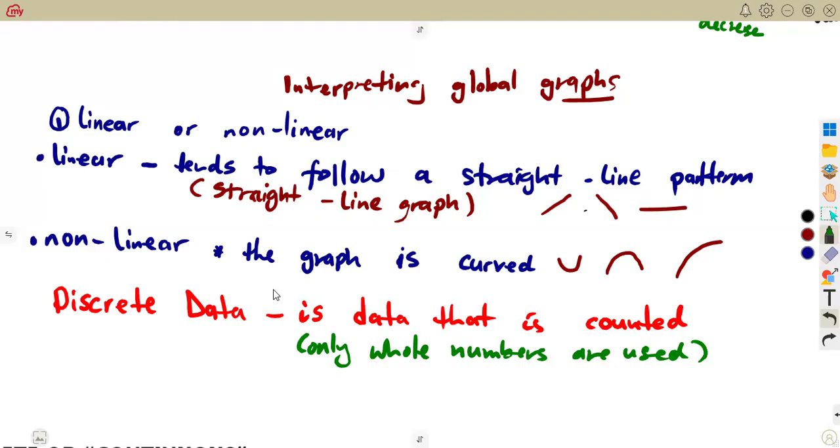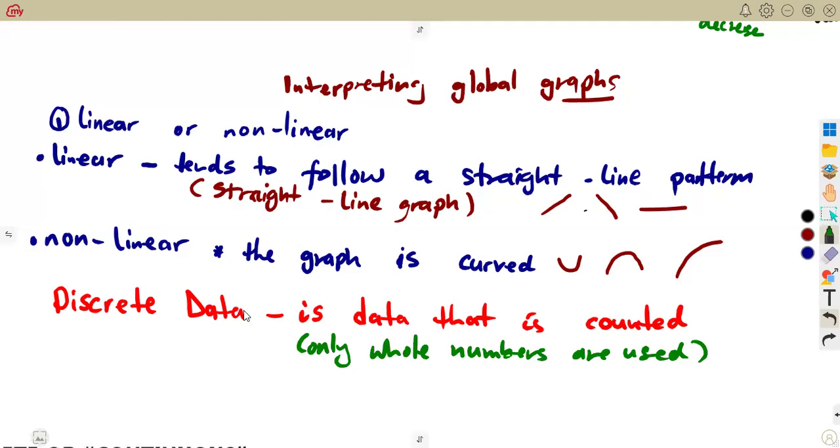For example, we talked of how many students are in a class, or how many cups you have in your kitchen. Anything that has to do with counting.